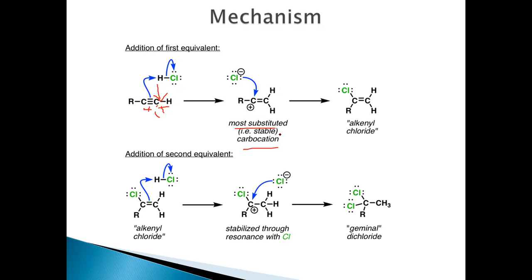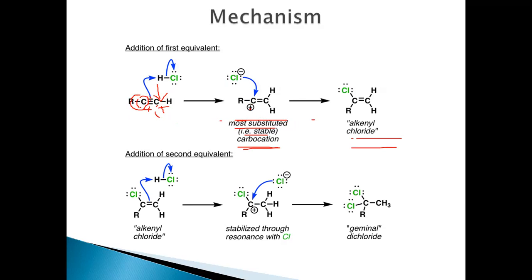So this more stable vinyl carbocation is formed in the first step, and then the Cl minus will attack this carbocation, resulting in the formation of alkenyl chloride following Markovnikov's rule. Markovnikov's rule says that the negative part of the addendum will go to the carbon with fewer hydrogens, following the stability of the carbocation.